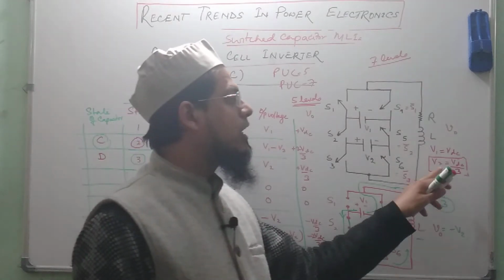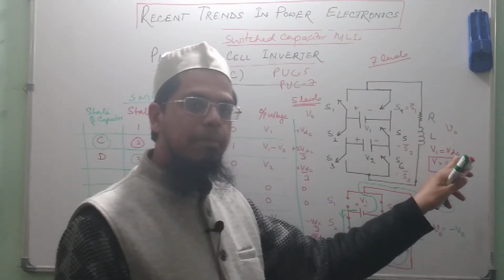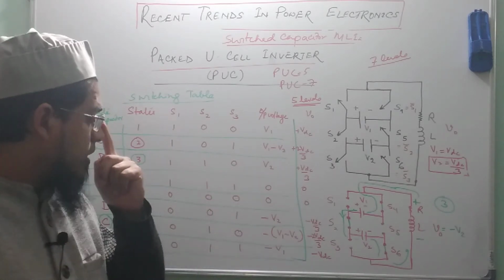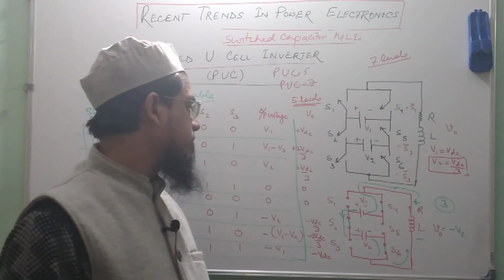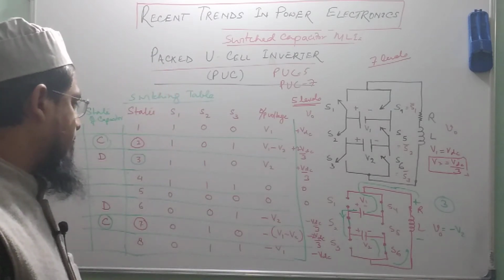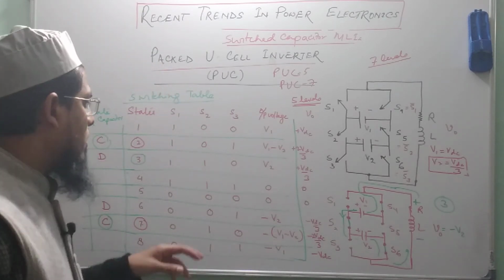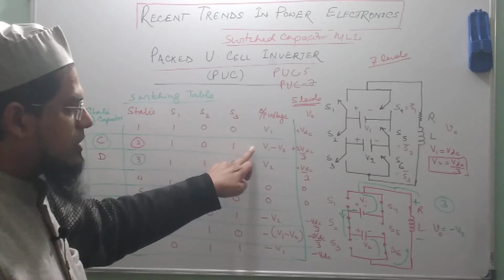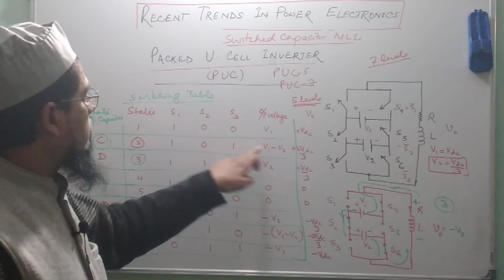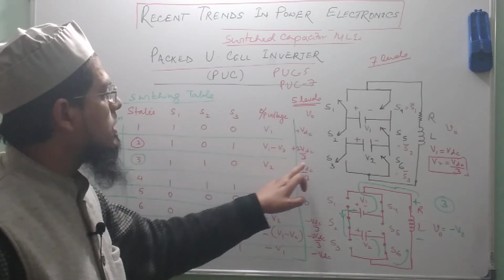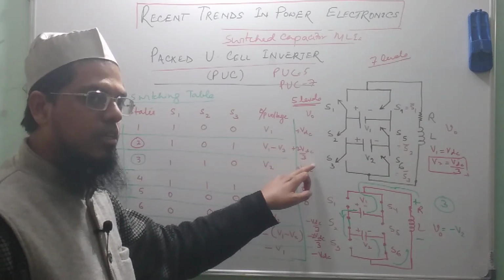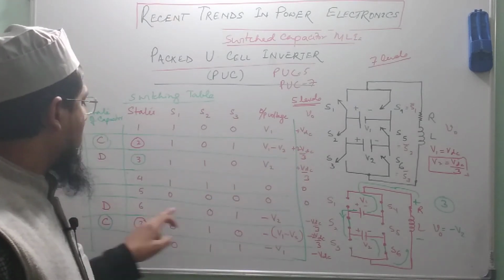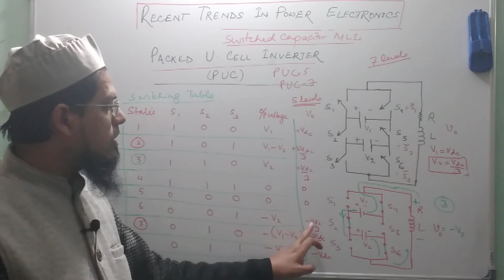Therein we have to keep the capacitor voltage equal to VDC by 3. So, the situation now here is a bit difficult, because you see, during charging, when capacitor is getting charged, the level of voltage is 2 VDC by 3 when I am trying to generate 7 levels output, and in the discharging state you could see the level of the output voltage is minus VDC by 3.